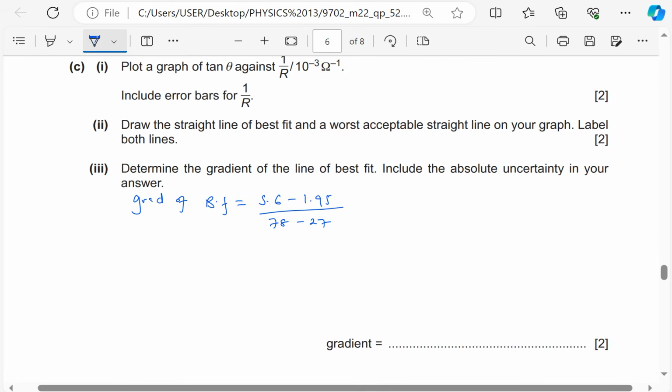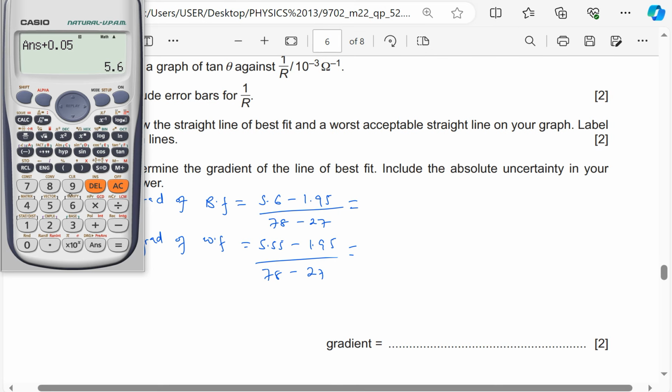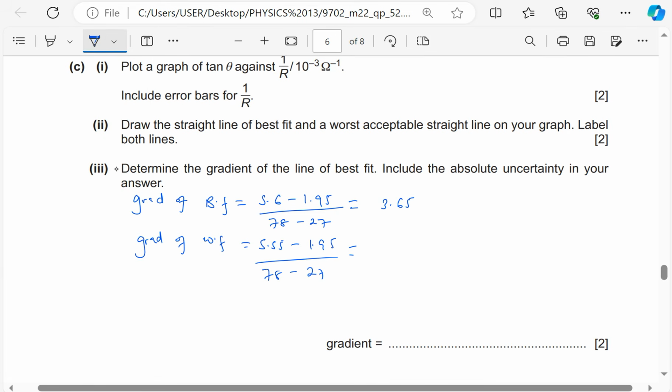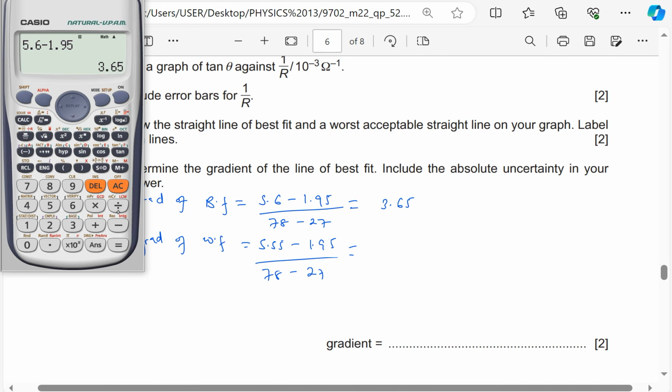Then the other one is 5.55 minus 1.95 divided by 78 minus 27. So I'll just press my calculator. 5.6 minus 1.95. So this is 3.65. Oh, I've not divided. Divide by 78 minus 27. So it is 0.0716. Okay.